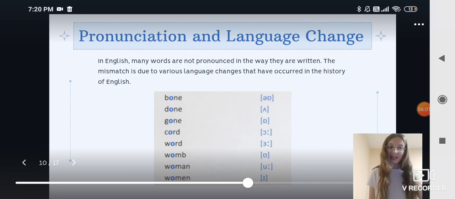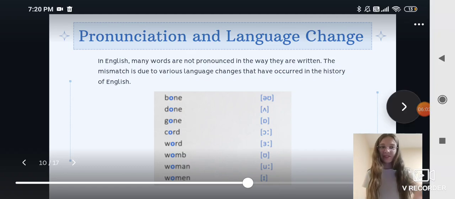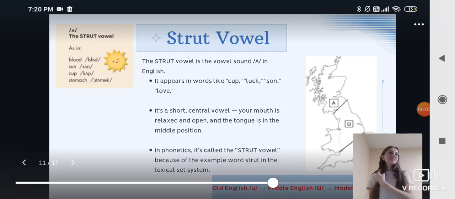Yes, like we said, this is the challenge of the English language. That's because English is a widespread language used nearly in the whole world. Due to these variations, of course, there are some differences between pronunciations of the words that occurred with time and history.